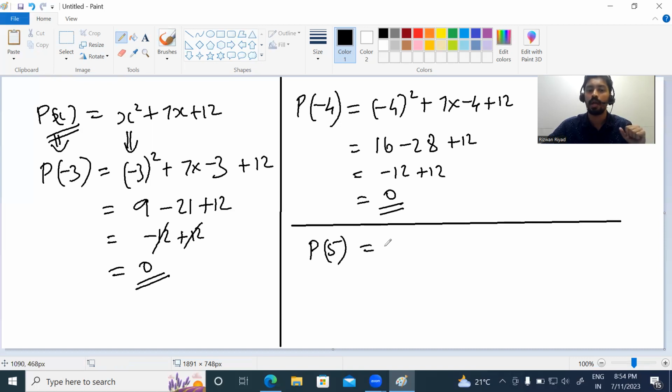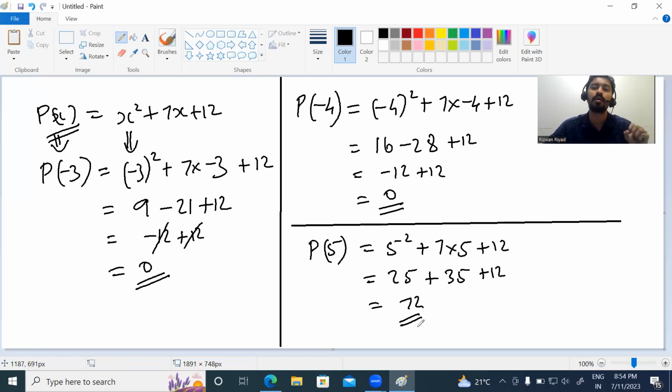That is equal to 5 square plus 7 into 5 plus 12. What is 5 square? It's 25, plus 7 into 5 is 35, plus 12. 25 plus 35 is 60, and 60 plus 12 is 72.